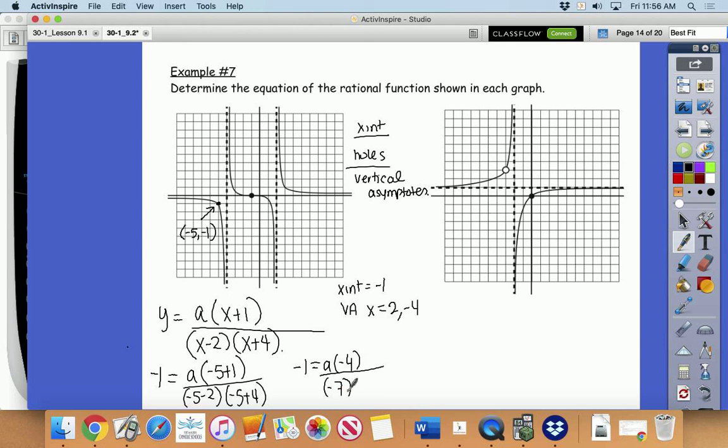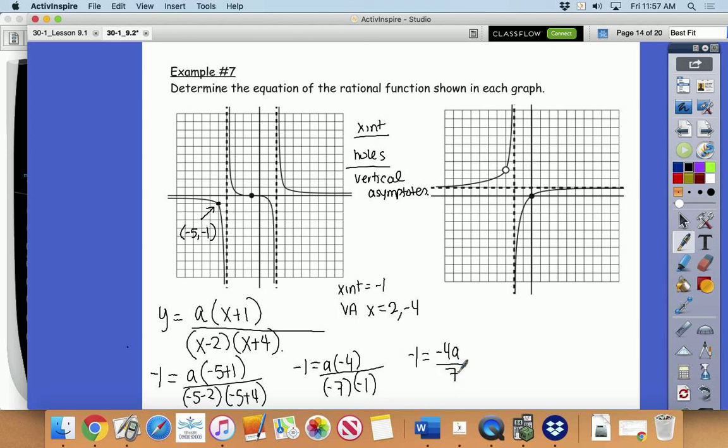And we have -5 plus 4, which is -1. So that's going to give us -1 is equal to -4A over -7 times -1, which is +7.